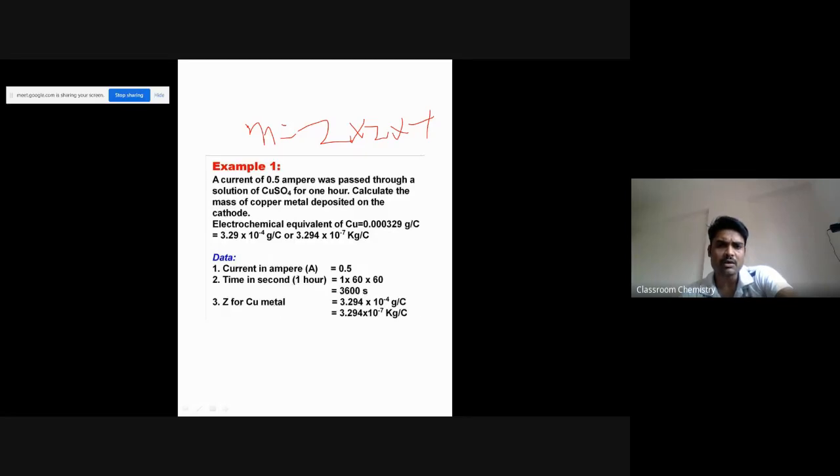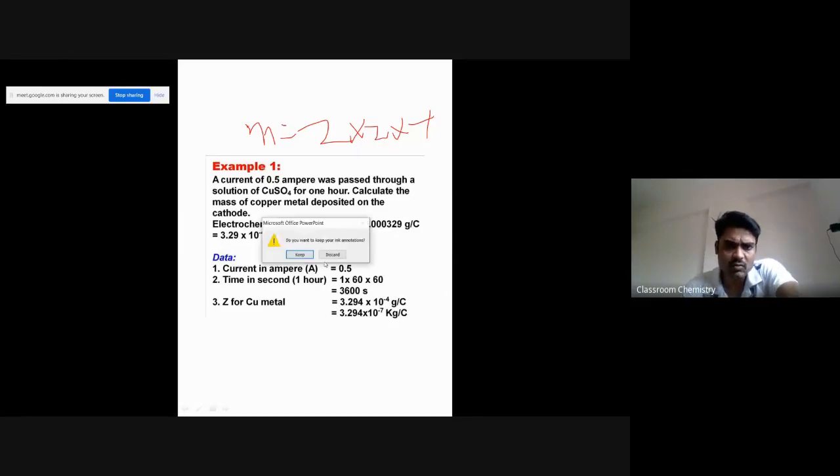Z for copper metal, the electrochemical equivalent, is 0.00329 gram per coulomb. We convert this into kilogram per coulomb, that is, we divide by 1000, then it becomes 3.294 into 10 raised to minus 7.